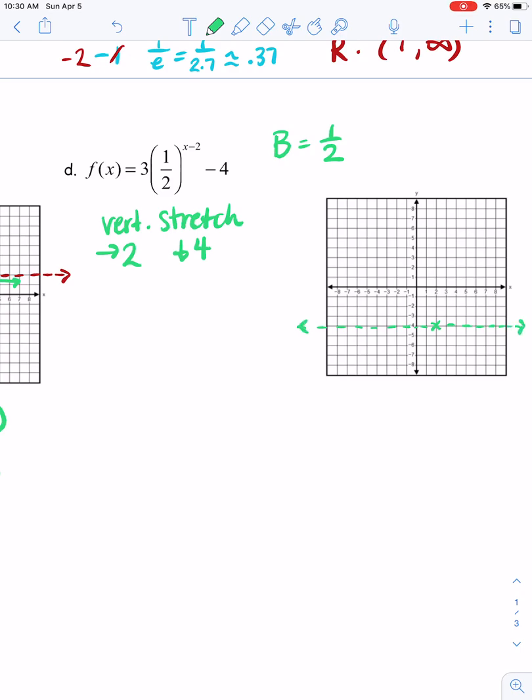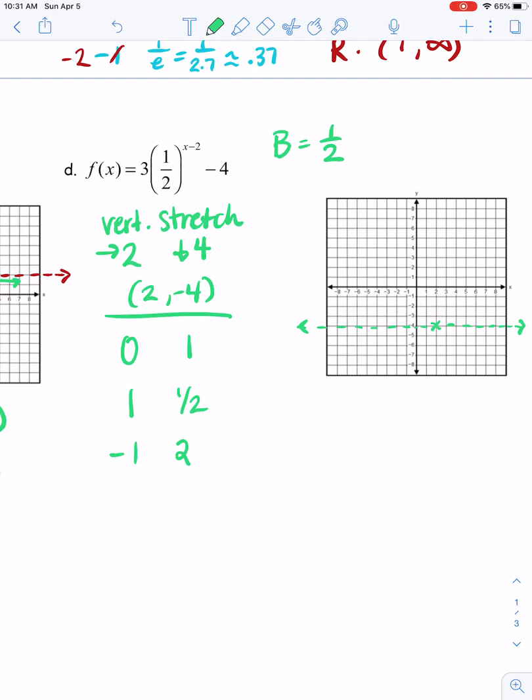Okay, so I've already taken care of the right 2, down 4. So from that point 2, -4, I'm going to use my parent function, 0, 1, 1 the base, -1, 1 over the base. Well, 1 over 1/2 is just 2.